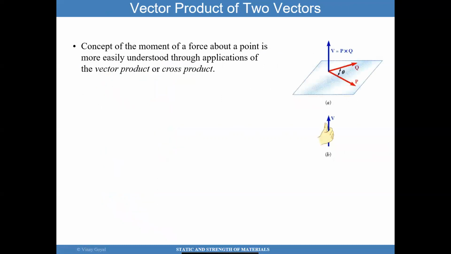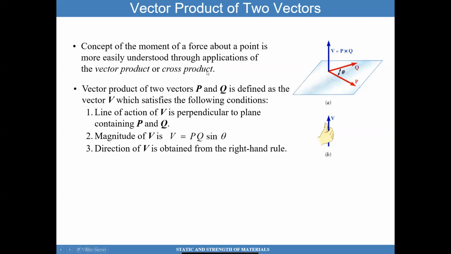Let me move on to the vector product of two vectors. What is that? There's a concept of the moment of a force about a point, and it's more easily understood through the application of a vector product, or cross product. What is that exactly? The vector product of two vectors P and Q is defined as a vector V which satisfies the following conditions.